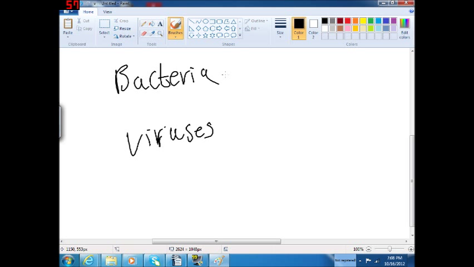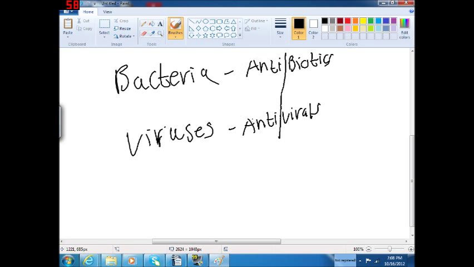Bacteria are treated with antibiotics, and viruses are treated with antivirals. Now obviously anti is the same in both. Bio, so biotics, bacteria; virals, viruses.